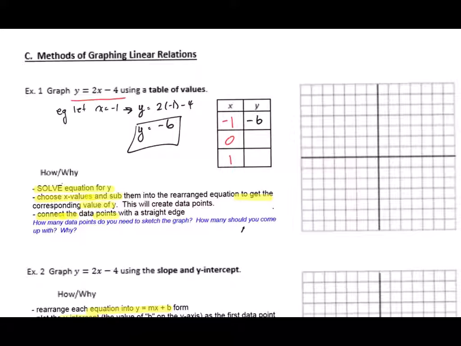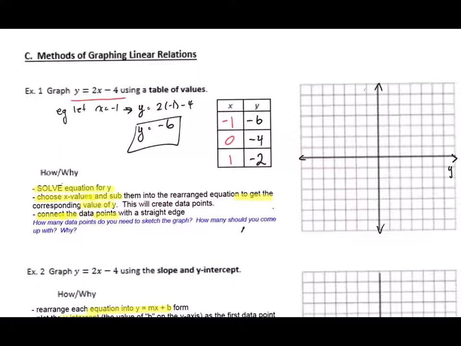And then we do the same calculation for 0. We end up with negative 4. And then at x is 1, we end up with negative 2. So now all we have to do is graph our results on this chart. Now you'll notice how I label the axes x and y.